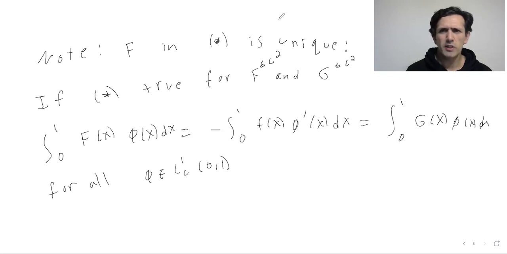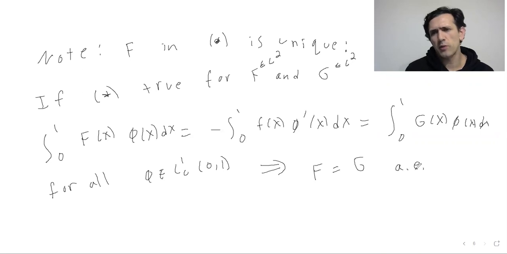More generally, we could just assume it's in L1, but whatever. Yeah, so that means F equals G in L2, particularly almost everywhere, because this is true for all phi.